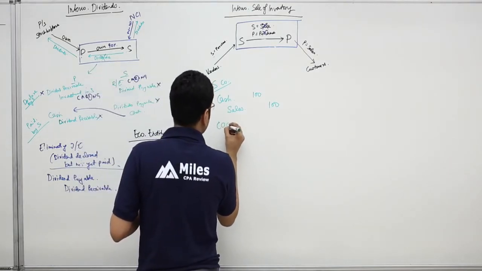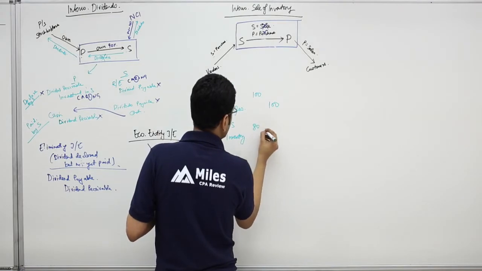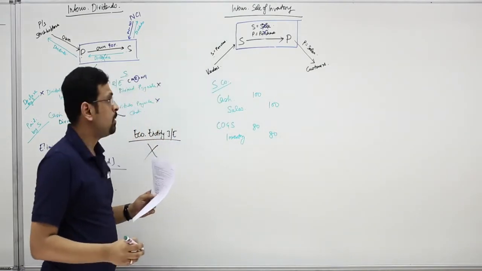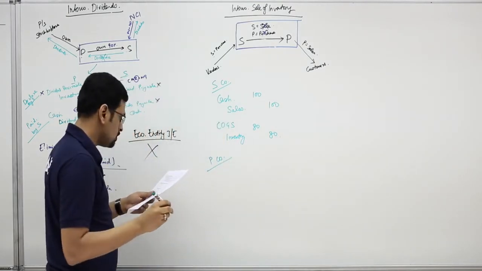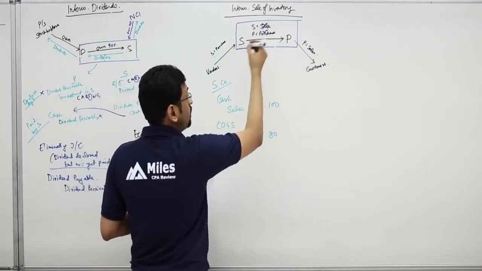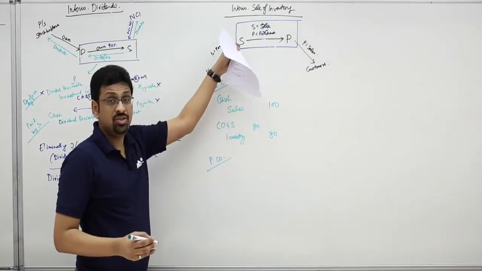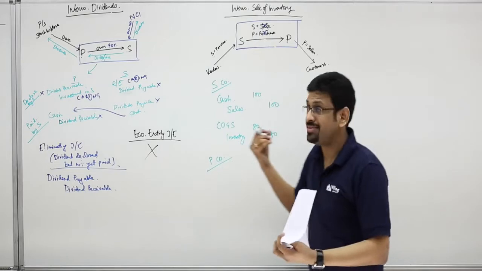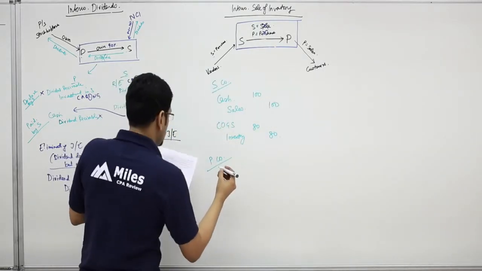So what's COGS to inventory for S? $80. Now when you're looking at the parent P company, they're getting inventory. Now it was at a cost of $80 to S, but when the parent is buying it from S, they're paying $100 for that. So it's inventory to cash $100.